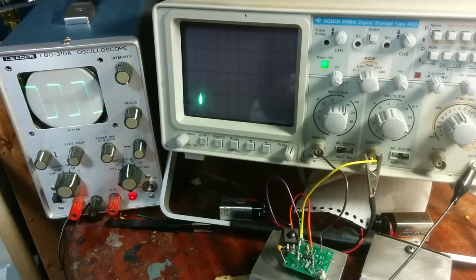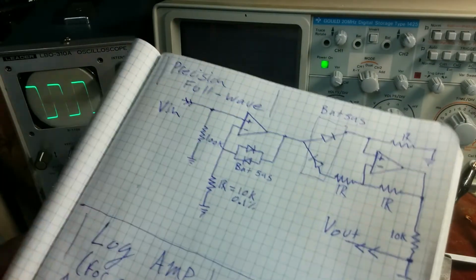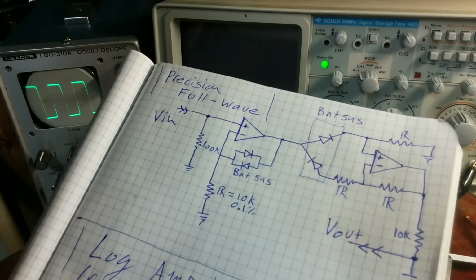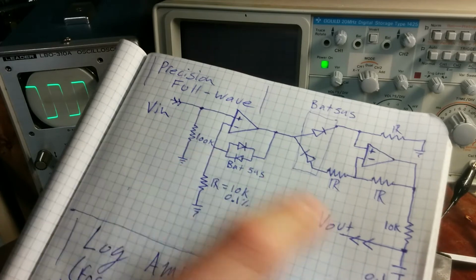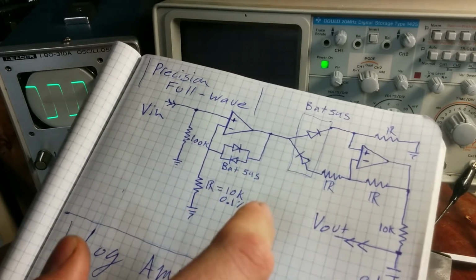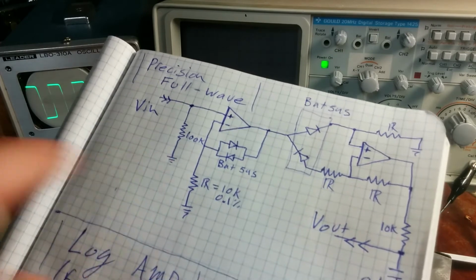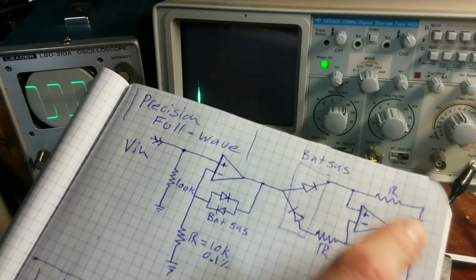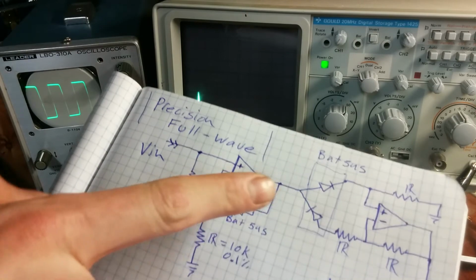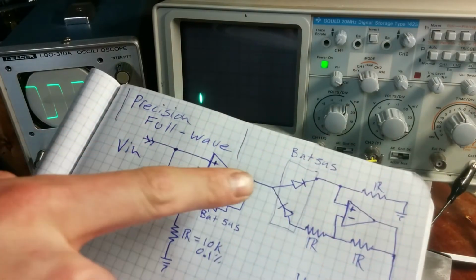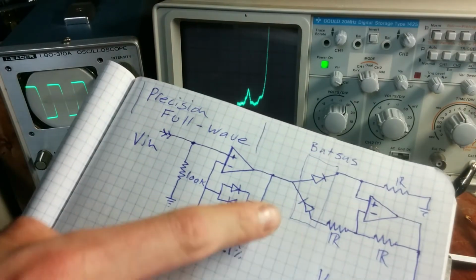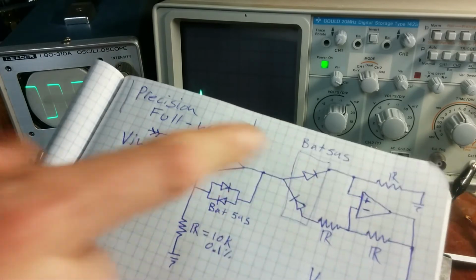Well, I guess I'll show you these circuits. Why not? So we got here the precision full wave, which I put together just because the traces on that board were very similar to this, so I didn't have to do much to implement this. And how it works is I've got a nonlinear cell over here, which shuttles positive into positive and negative into negative, but it does so with an exponential because of these diodes.